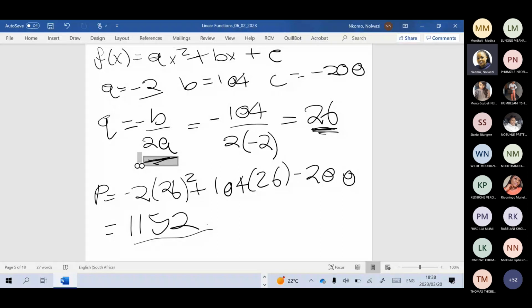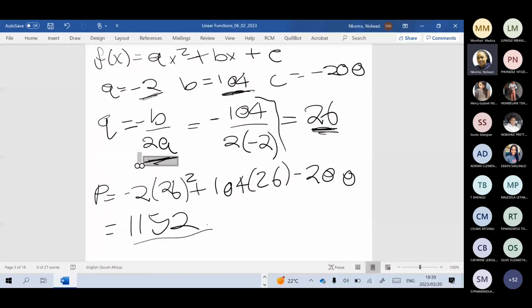Okay, from here we are trying to find the turning point, right? The formula for finding a turning point is minus b over 2a. We said our b is 104 and our a is minus 2, and we substitute these two here. This is what we will obtain, and then you punch this in your calculator. This is what you get, 26.